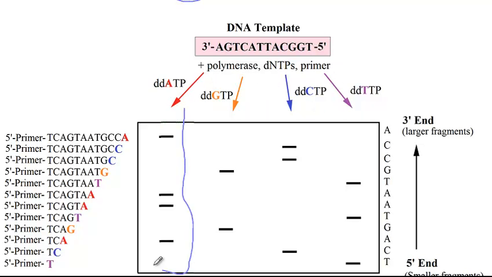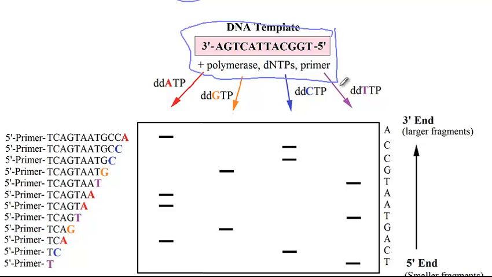DNA template, polymerase, nucleotides, and primer are present in all of them. In one reaction, we add ddATP. In the second reaction, we add ddGTP, then ddCTP, and finally in the 4th reaction, ddTTP.